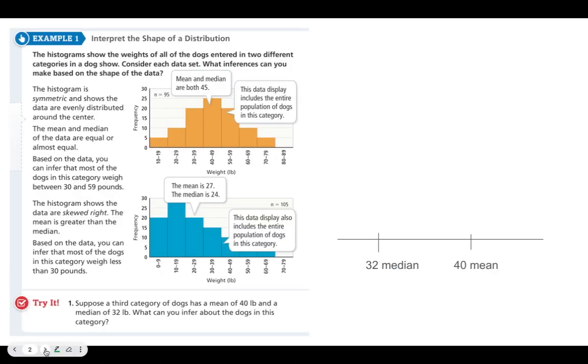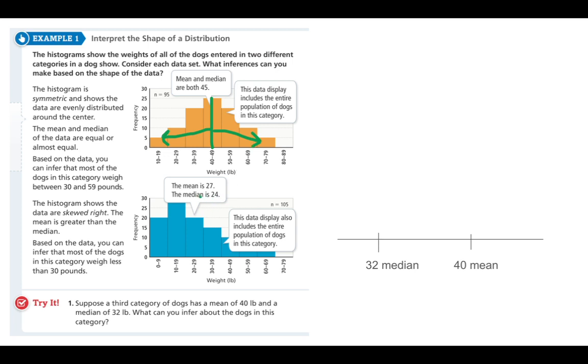So if we look at a few examples, we're just going to talk about how to interpret distributions and what they tell us. We see two distributions here. This is talking about the weights of dogs in different categories in a dog show. In the first one, notice the mean and the median are both 45. So this is symmetrically distributed. We have kind of the same amount to the left as we do to the right, and they seem to be sitting the same way.